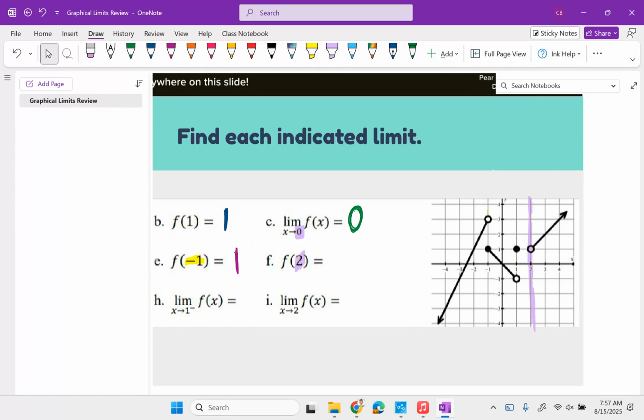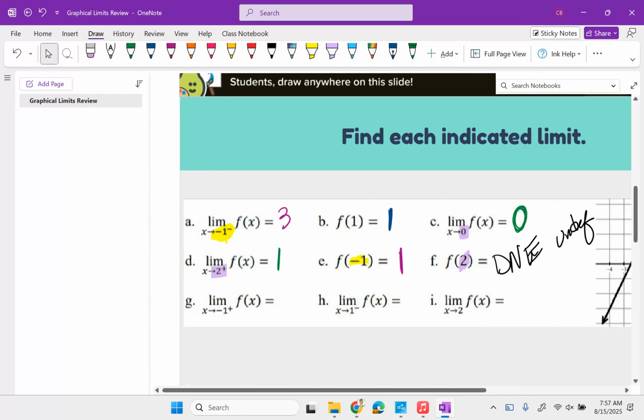So are there any solid dots there? No. So what'd you write? D and E. Undefined, right? Something like that. Delta Math's probably going to say undefined when you look at it. Okay. The AP exam would not put both. They would put one or the other because this would be a multiple choice thing. It's not going to be probably on the free response. Okay. All right. Let's see.